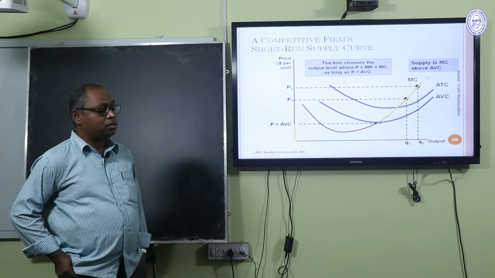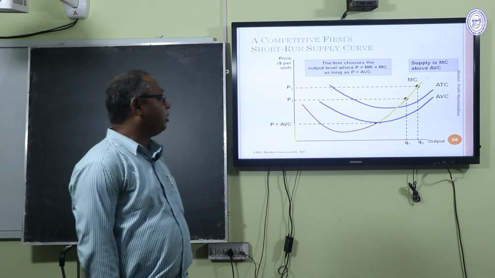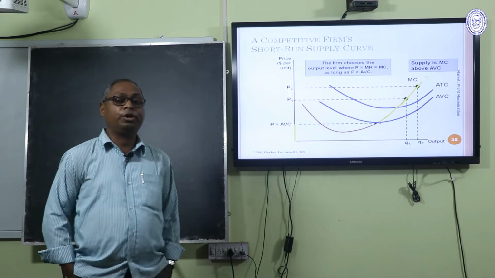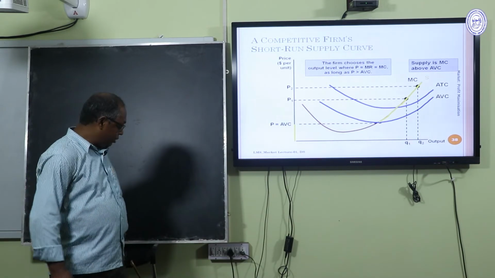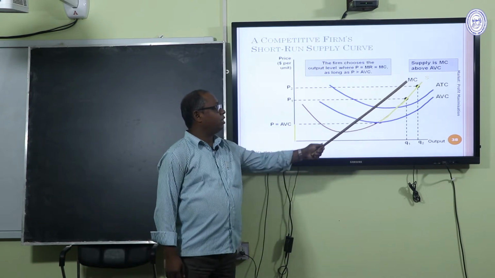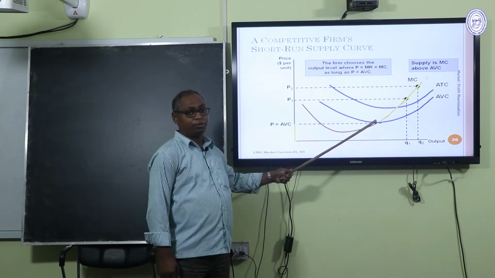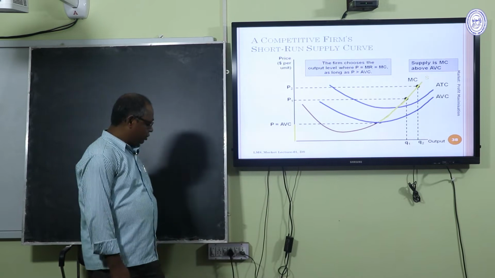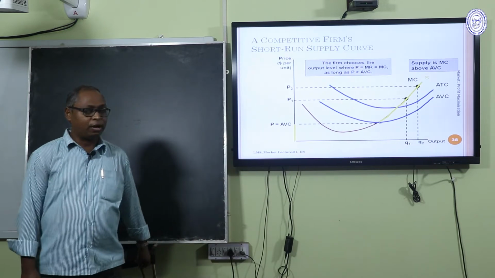So the yellow part of the MC curve, which is above the minimum point of AVC, is the short-run supply curve of the firm.